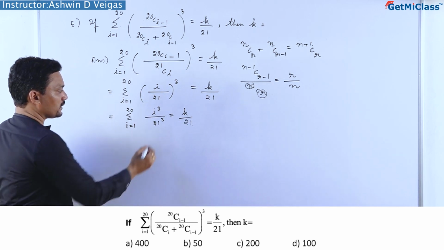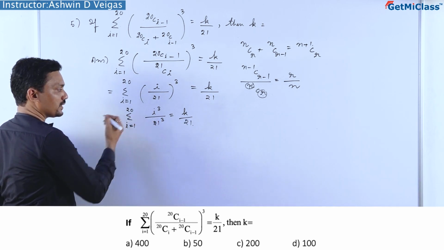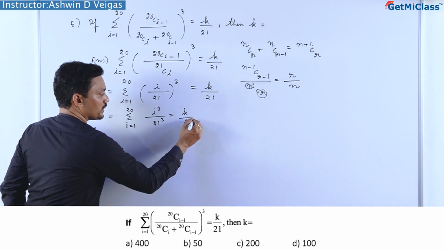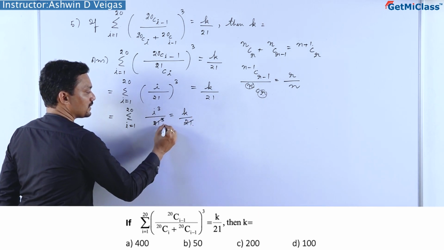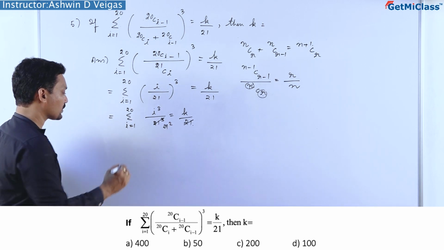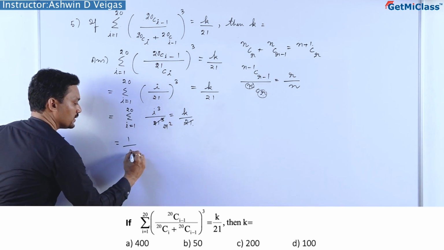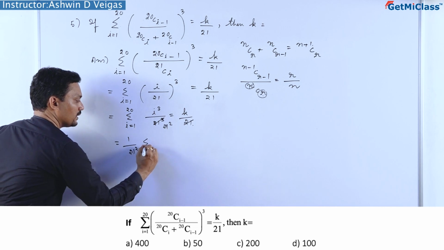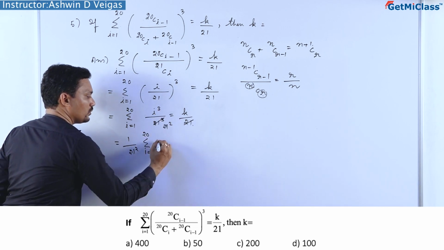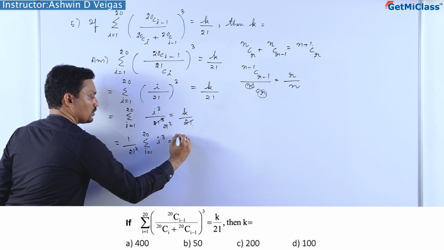Okay. Now, here this 21 cube is a constant, you can keep it out, or one of the 21 you can cancel. So, okay, we will do that. 21 cancels with 21 cube, leaving 21 square, and this 21 square can be written out. So, this is 1 by 21 square sigma i equal to 1 to 20 of i cube equal to k.